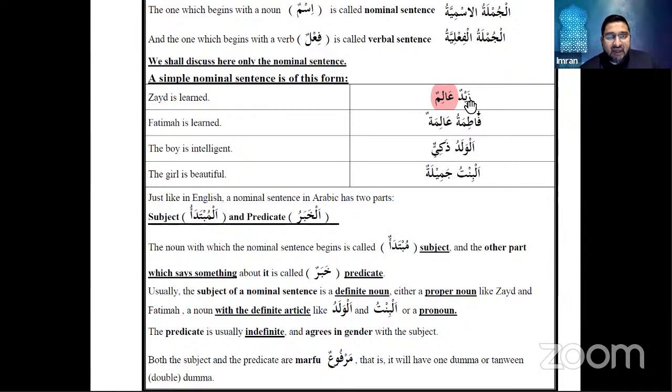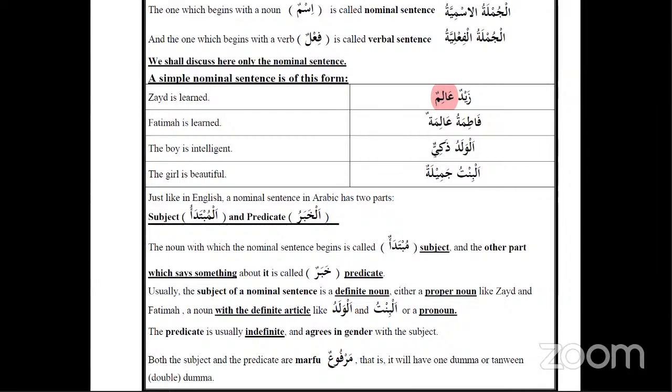Starting a sentence is something the Arabs have made a ruling that gives it a dhamma or a dhamma tanween. Does that make sense?